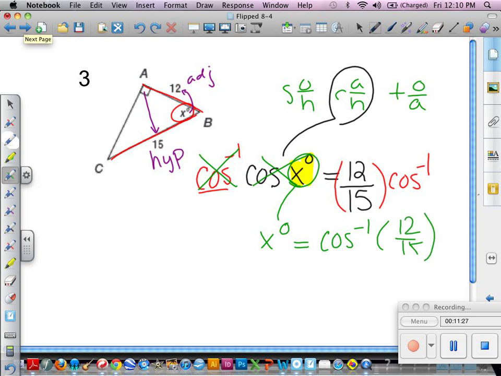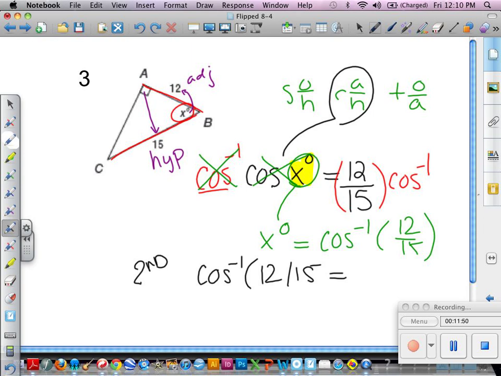So how do you punch that in your calculator? Some calculators, you go use your second to get to your cosine negative 1. They're all above. This would be above, cosine negative 1 would be above regular cosine. And then automatically comes up with a parenthesis, 12 divided by 15, hit equals.